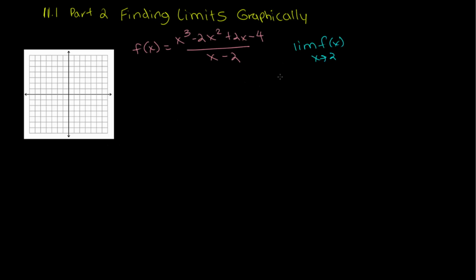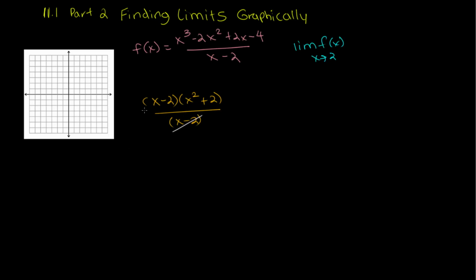So what we're going to do is graph this function and go from there. First, let's factor the numerator and see if we can cancel anything out. When we factor this cubic function, we have x minus 2 times x squared plus 2, all over x minus 2.